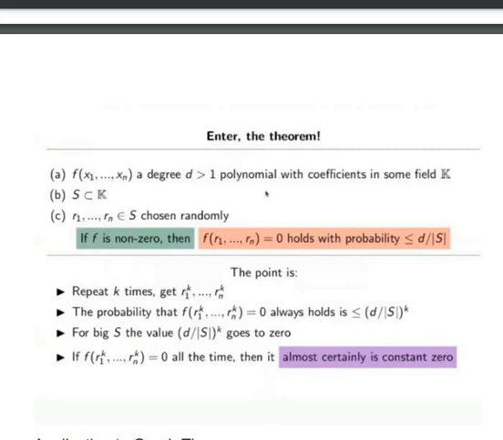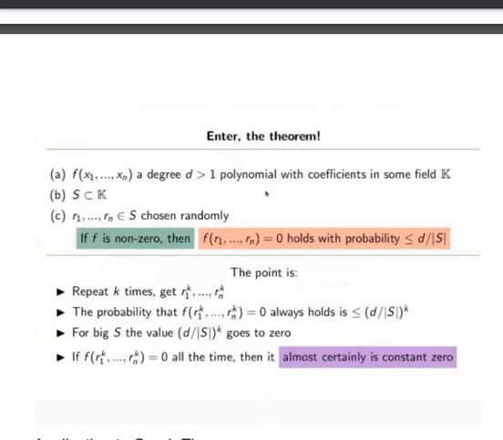You have found roots. As I said earlier, the roots are not exact. There is only a probability that a certain choice from the subset is a root, and the probability is at most d over s.